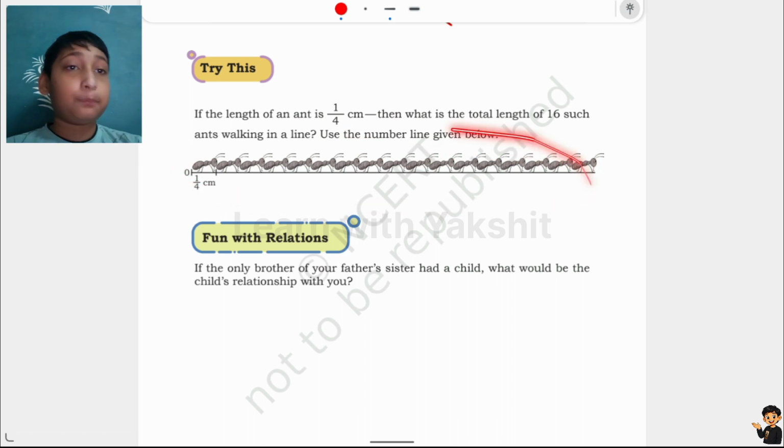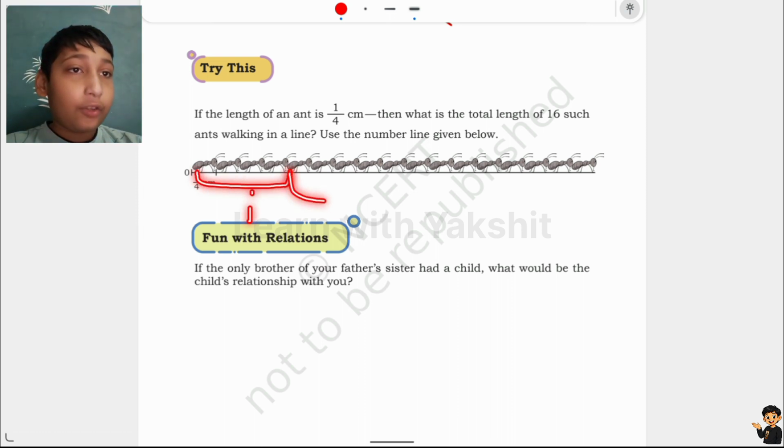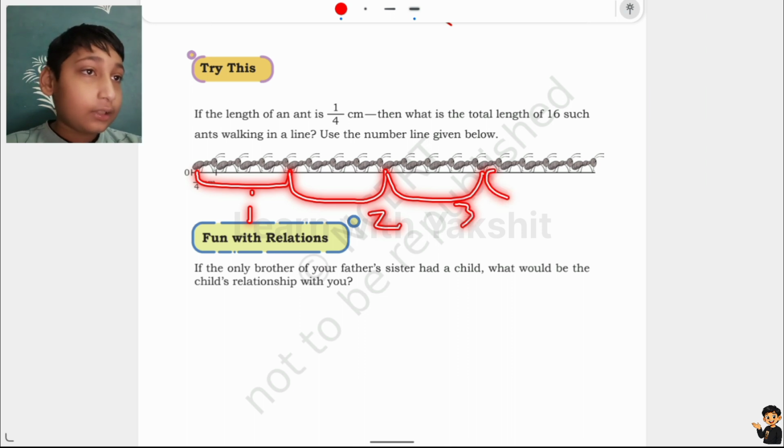Now here's the number line. Now, how do we find this entire line of ants' length? Well, it's simple. Firstly, we'll take a pack of 4 ants and call it 1, and then that is 2, and then another pack is 3, and another pack is 4.